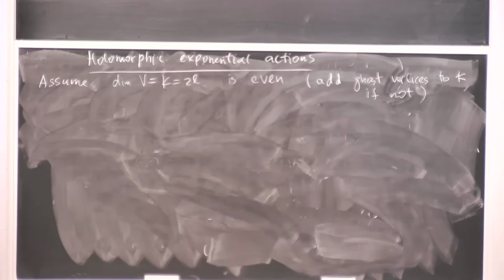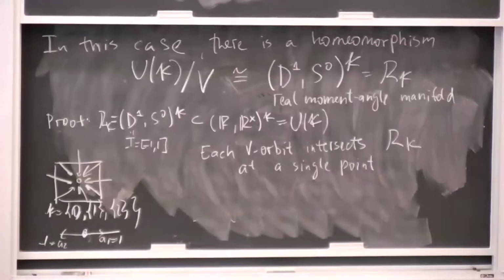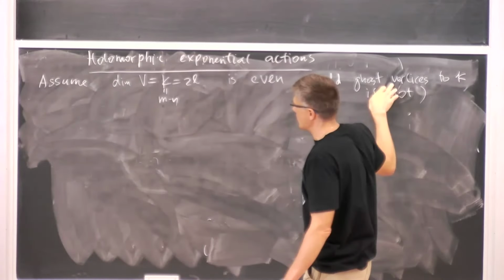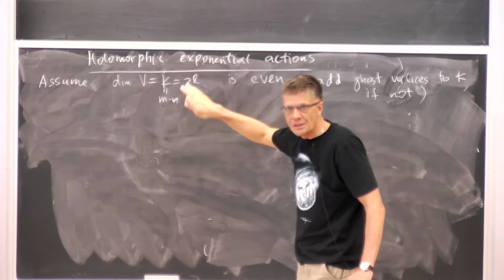So you keep n unchanged, but by adding a ghost vertex you increase m by 1, and that makes m minus n even.